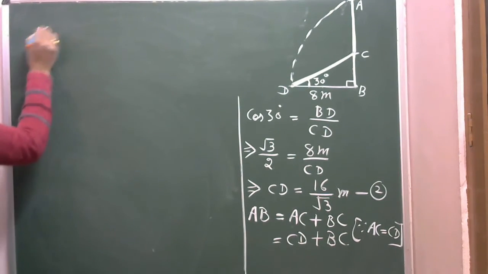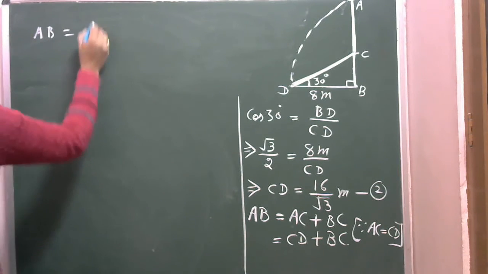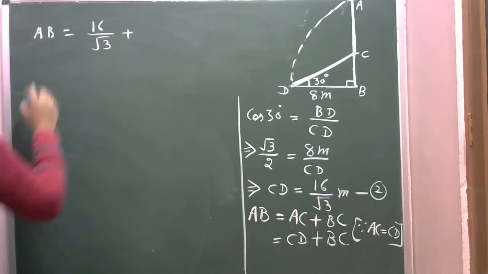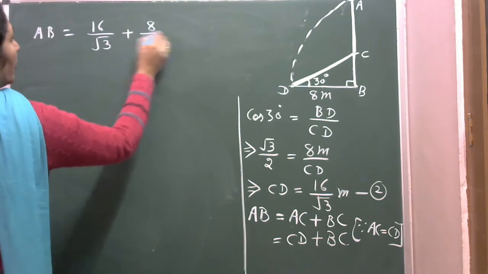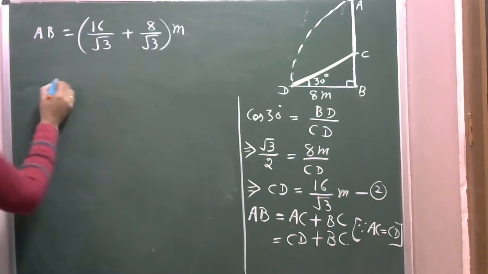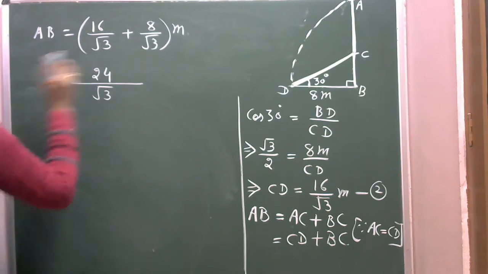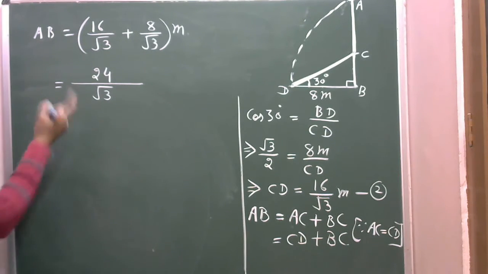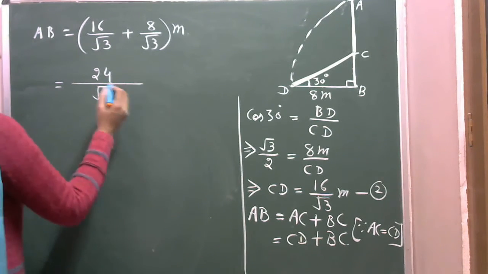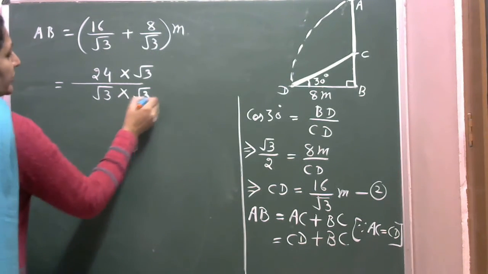So AB is equal to CD plus BC. 16 over under root 3 plus 8 over under root 3. Both the values will be in meters. LCM under root 3, 8, 16 plus 8, 24. Now here denominator is irrational number. We have to rationalize it by multiplying with under root 3.